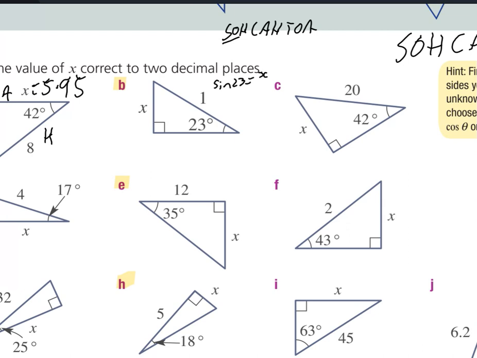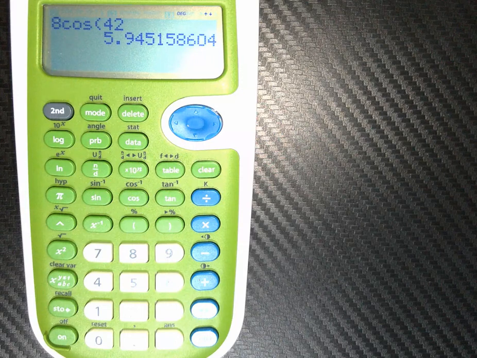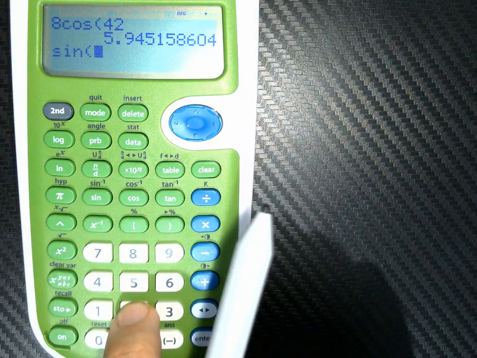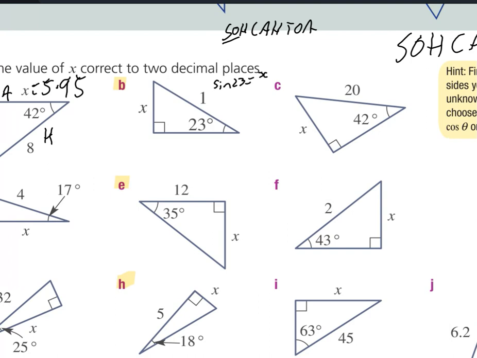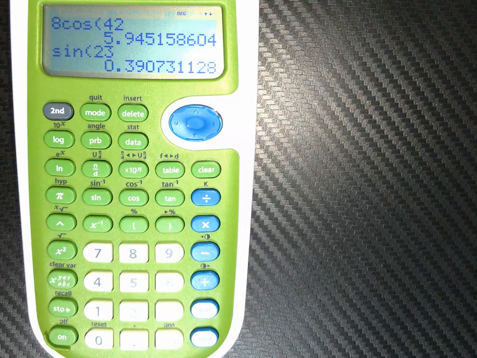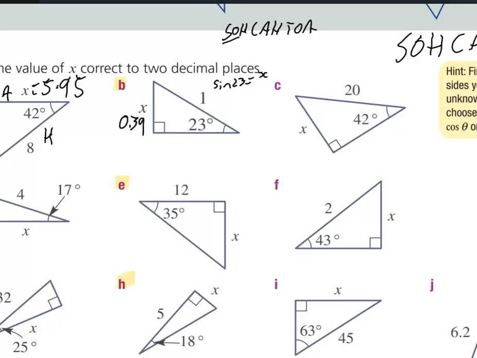So I don't have to do any other rearrangement, multiplication, or anything else. Just do sine 23, which is 0.39. Yes, that is right. I was looking to see if I had to round, but as you can see, no rounding required. Okay, next one.